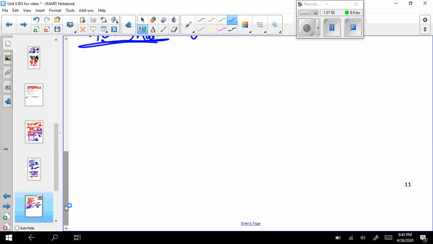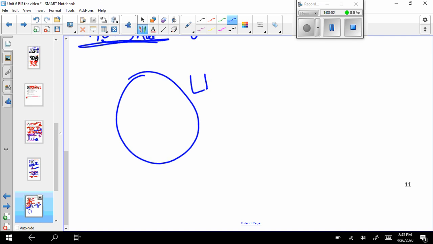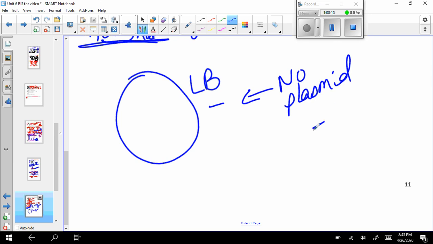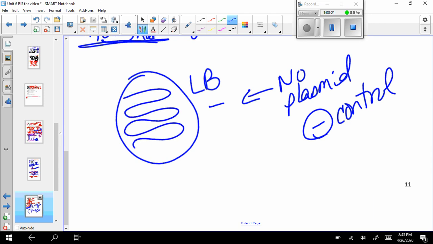So when you set up your plates, I could set up a plate with Luria broth, and I could have a negative. And a negative means no plasmid. If there's no plasmid, this is a great example of a negative control that we did. So we wanted to show through this plate that bacteria will grow.